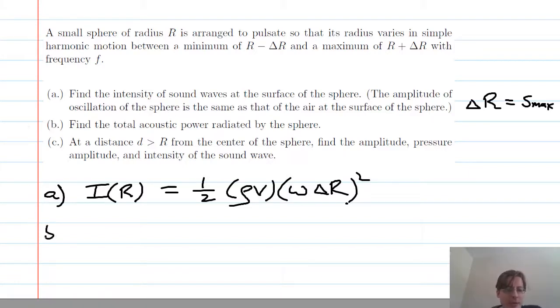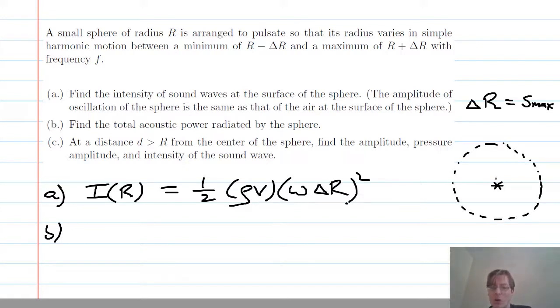Okay, next. What's the power, the acoustic power radiated by the sphere? Sending out these waves, how much energy per second is coming out of it? Well, if you know the intensity at the surface, you also know the power. In fact, if you know the intensity at any sphere around this thing, you can figure out the power radiating out of the source. You just have to take the intensity and multiply it by the surface of the sphere.